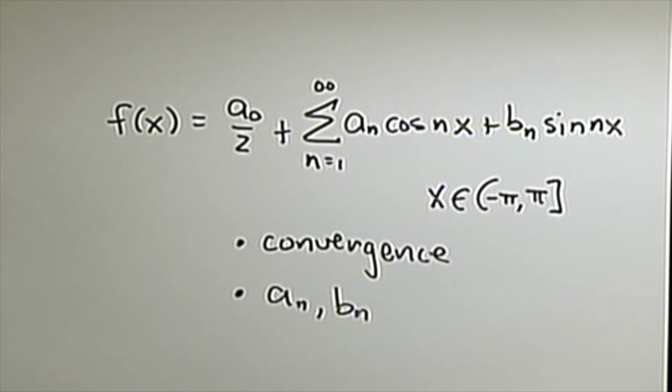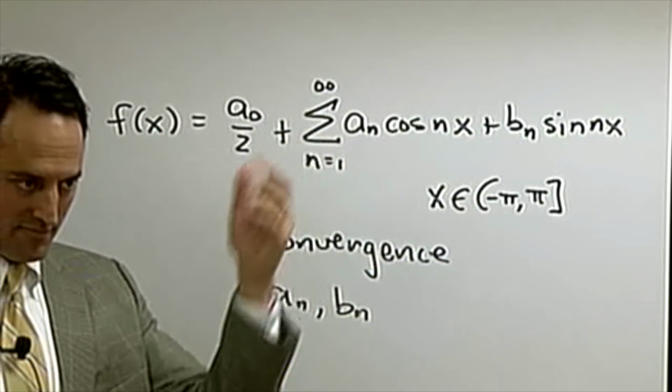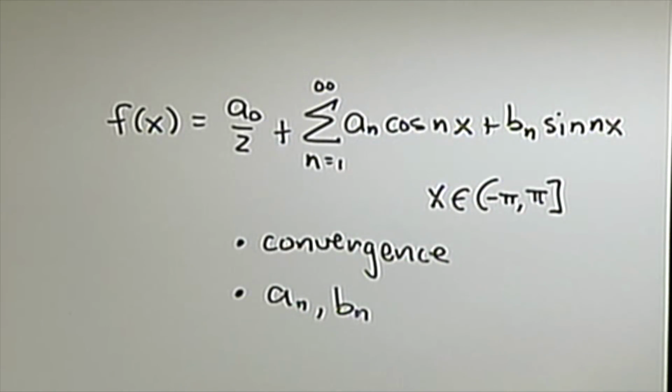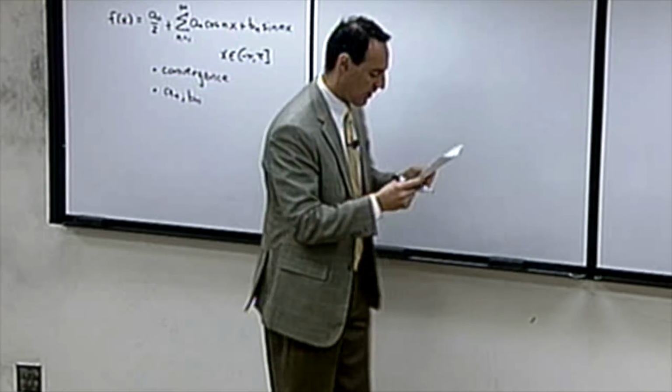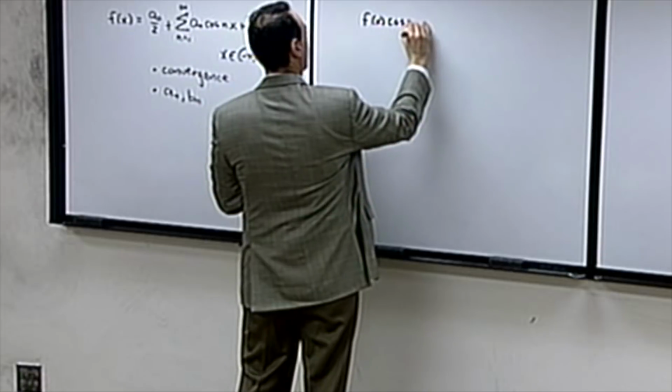So what I'm going to do is take both sides and multiply by cosine mx. And I'm going to assume for a moment that this series is uniformly convergent.